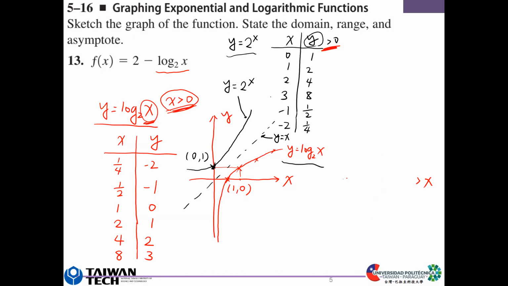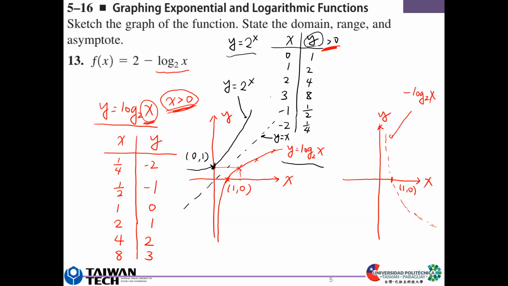They are flipped in terms of the x-axis. So this is 1, 0, and this is minus log 2x.